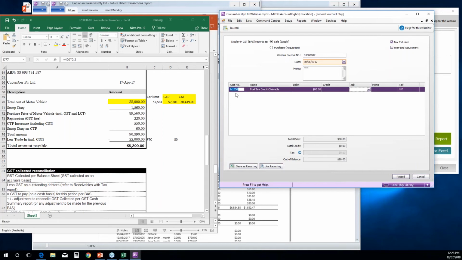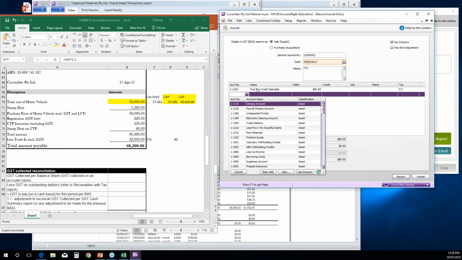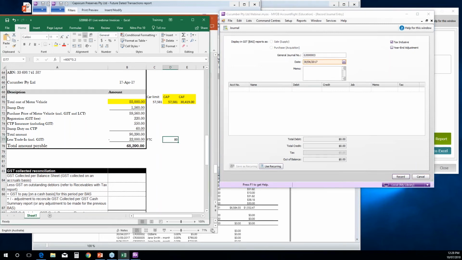Tax code, we are talking about fuel tax credit, tax, of course, not reportable. Fuel tax credit will be recorded as an income. So you will still put the fuel tax credit in the credit side as the income, right? And then record it. Okay, now this has been done.